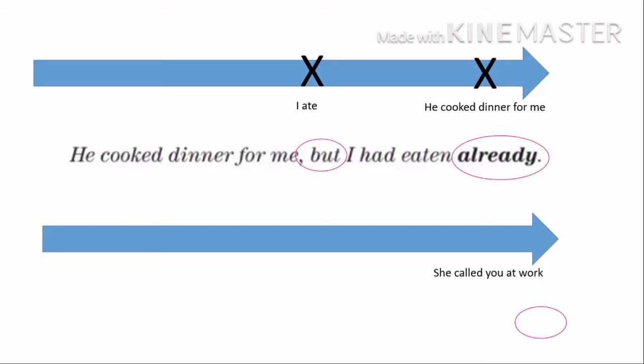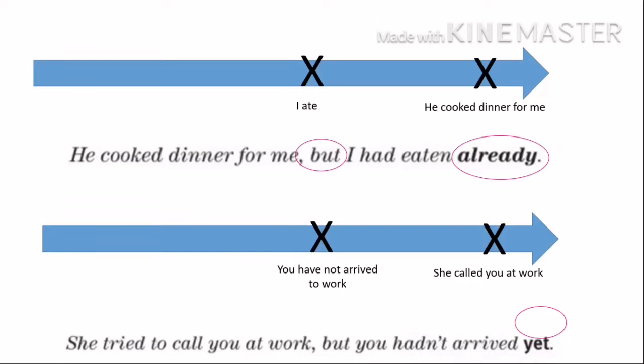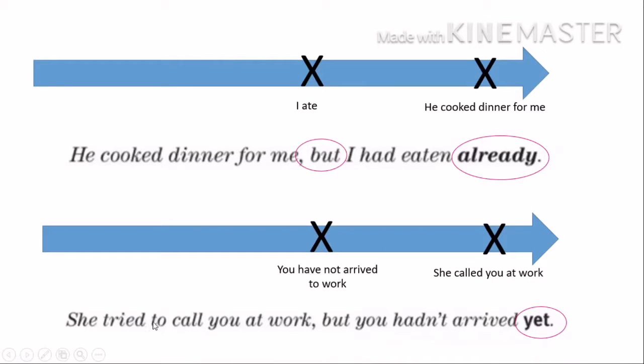Another example, she called you at work, is the simple past action. Let's see the past perfect action. You have not arrived to work. So she tried to call you at work, but you hadn't arrived yet. Hadn't is a negative sentence, and you're going to use yet with negative.